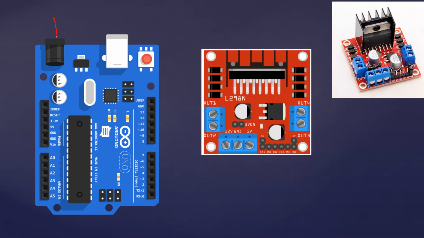So here you can observe this connector. This is for the power supply to the Arduino board. Okay. So here we can connect a 12-volt AC to DC adapter. So this adapter is similar to your mobile charger.